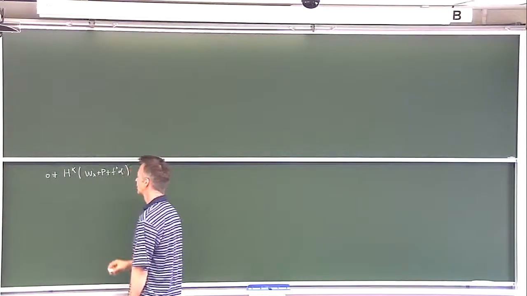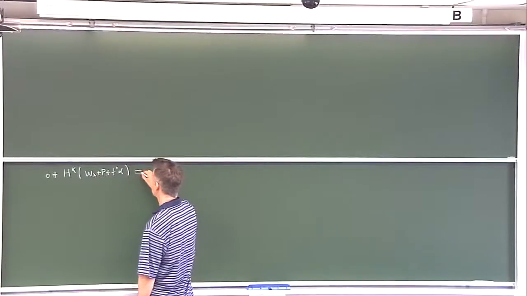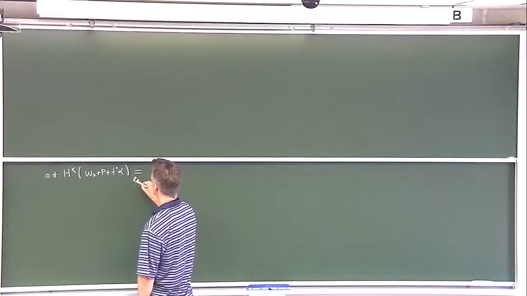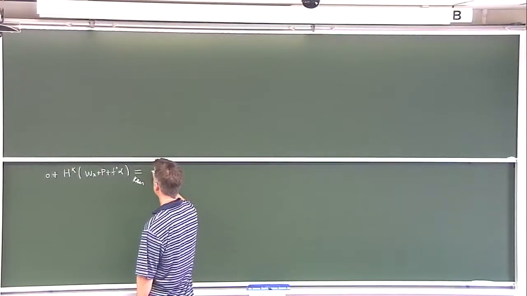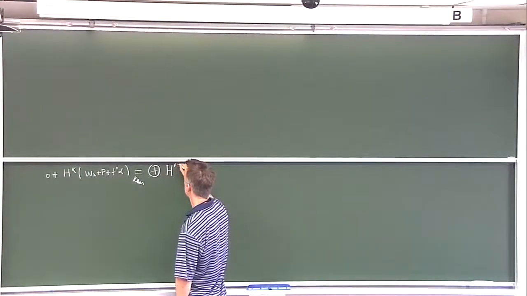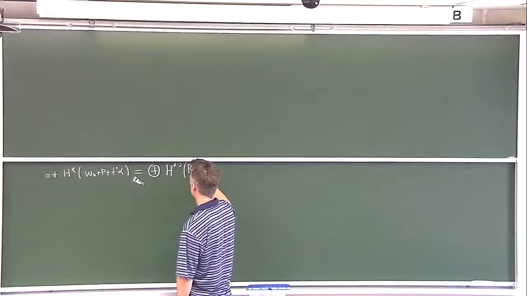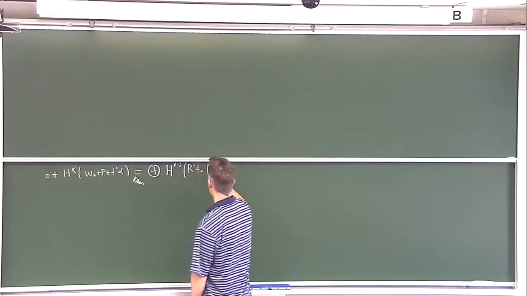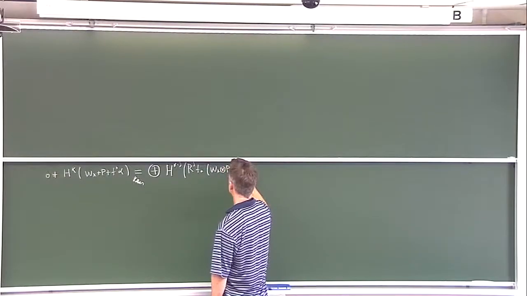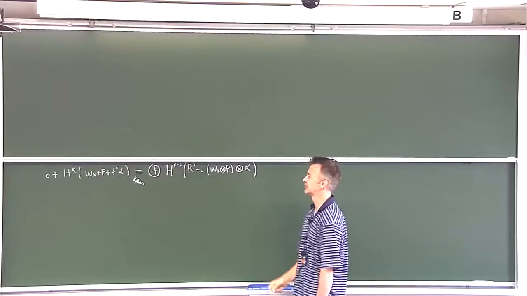By Kollár's theorem, this is the direct sum of H^(K minus j) of R^j F lower star of omega X tensor P tensor alpha. So this is Kollár's theorem plus the projection formula to take the alpha out.